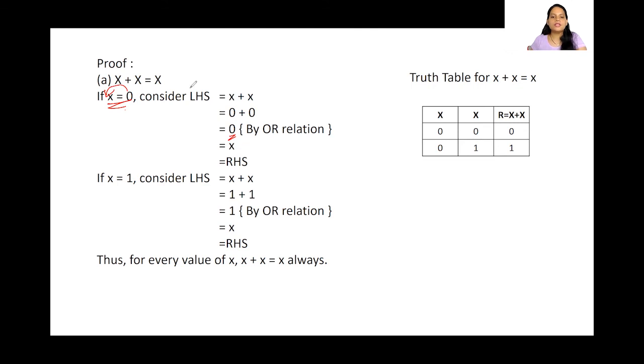So this is proved here. Similarly, when we take x is equal to 1, what happens? x plus x is nothing but 1 plus 1. This is nothing but 1, which is nothing but x, isn't it? So this is also proved. So every value of x plus x is x. So we have proved this for OR operation.